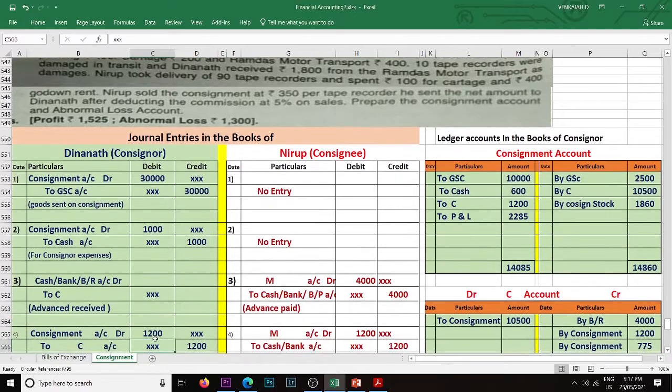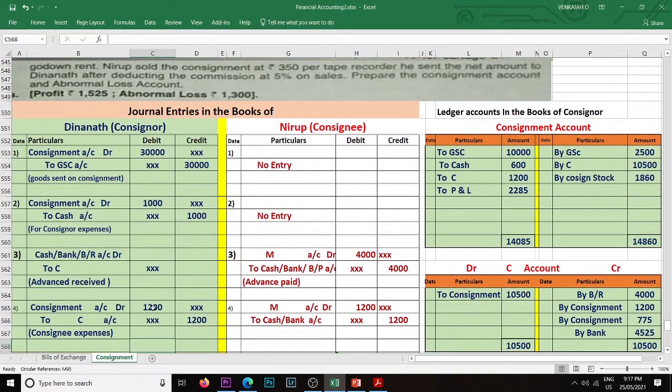Total amount is 500. Consignment account debit to Nirup account 500.